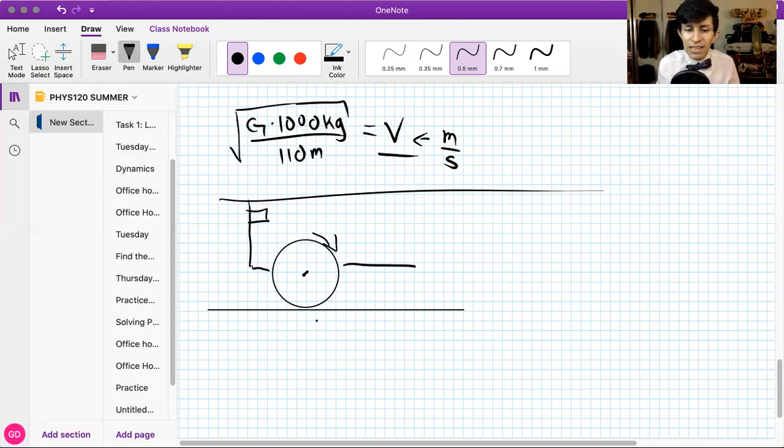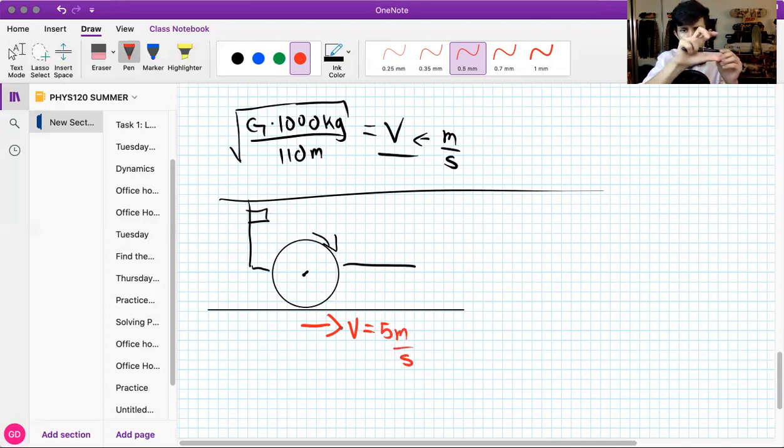We can get that velocity of the tire as the tire rotates. If I tell you that the speed of the tire is 5 meters per second, that's how fast the tire is moving across the street.